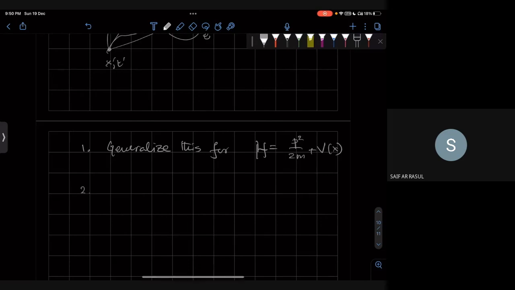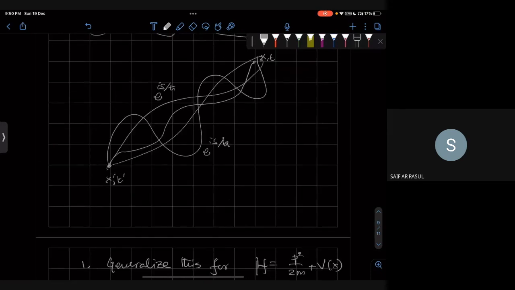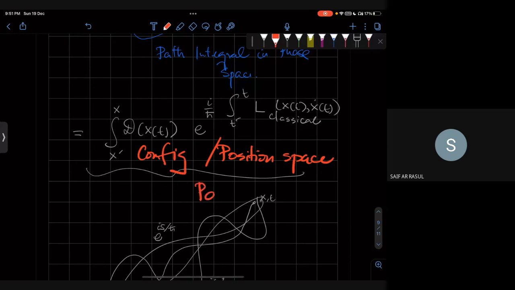And number 2 is, see if you can derive the expression for k, and this is the position space, or the configuration space, path integral.